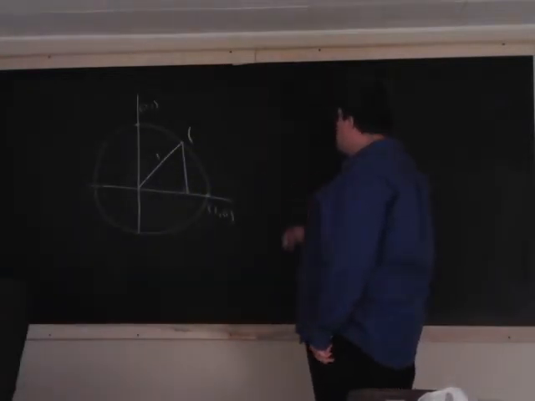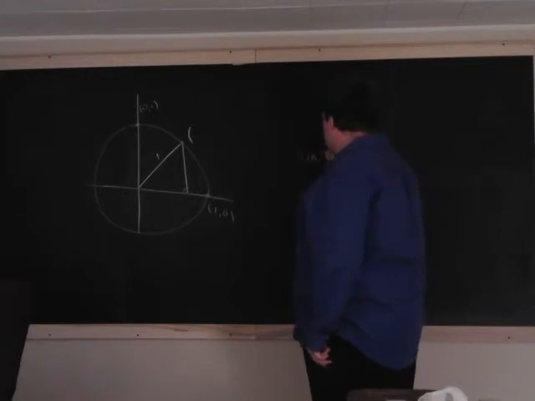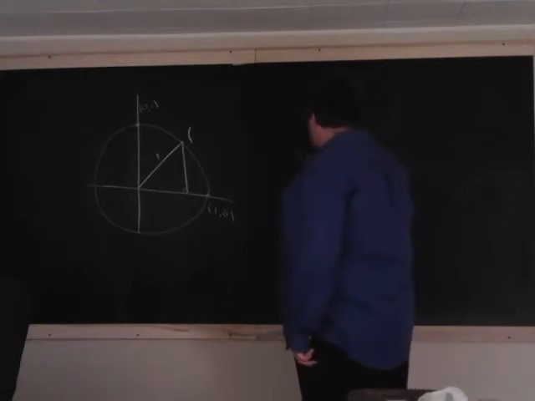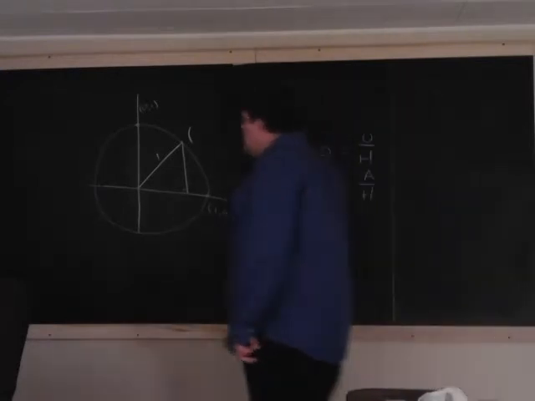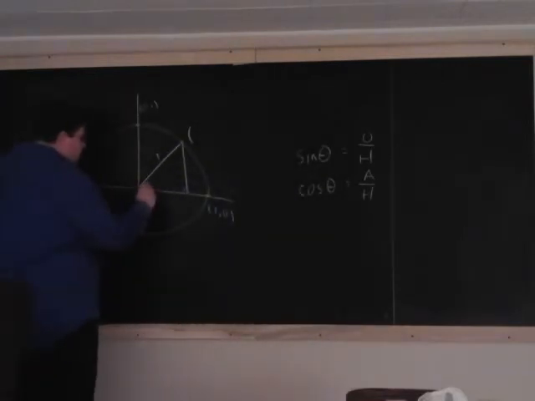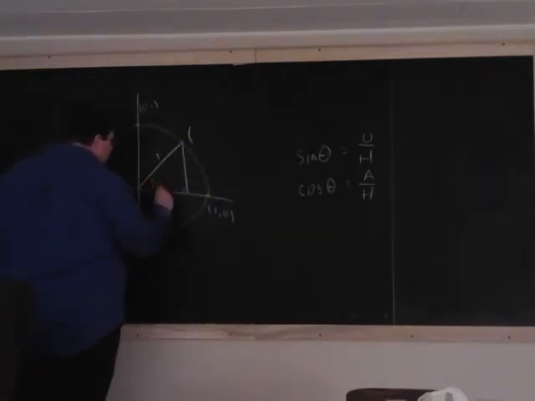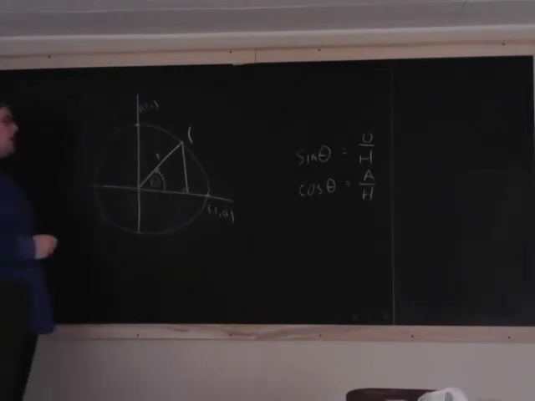What can we tell? Well, let's remember sine of theta is opposite over hypotenuse. Cosine is adjacent over hypotenuse. We need to know those. And right here, this angle we can measure as theta going up like this. We start at the positive x-axis and go up for that angle theta.